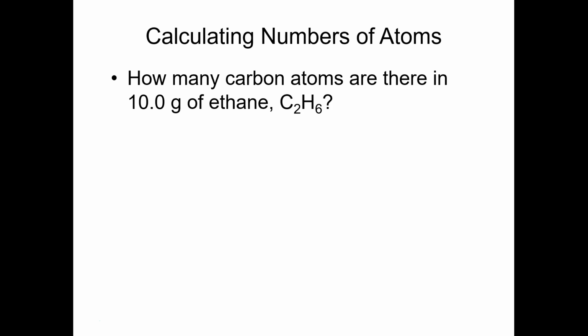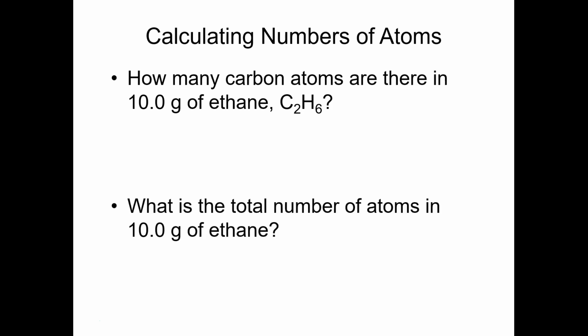What this question is actually asking you is something slightly different, which is how many carbon atoms are there in 10 grams of ethane? So let's see how we figure that out. And then a second question would be, what's the total number of atoms in 10 grams of ethane?